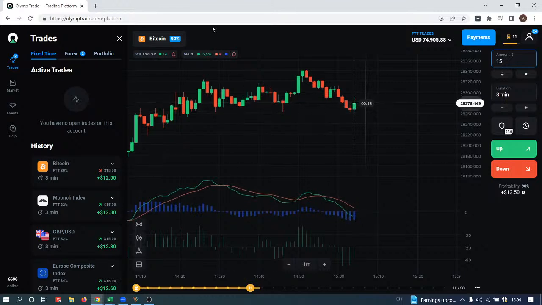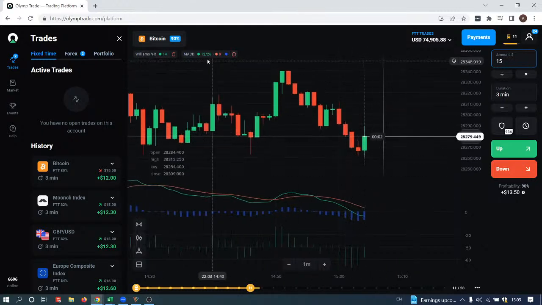This one is the MACD because it's of green color, we can see it in this little circle here. And the second one, the Williams %R, comes in blue color. So we have green, blue, but the basic setup.